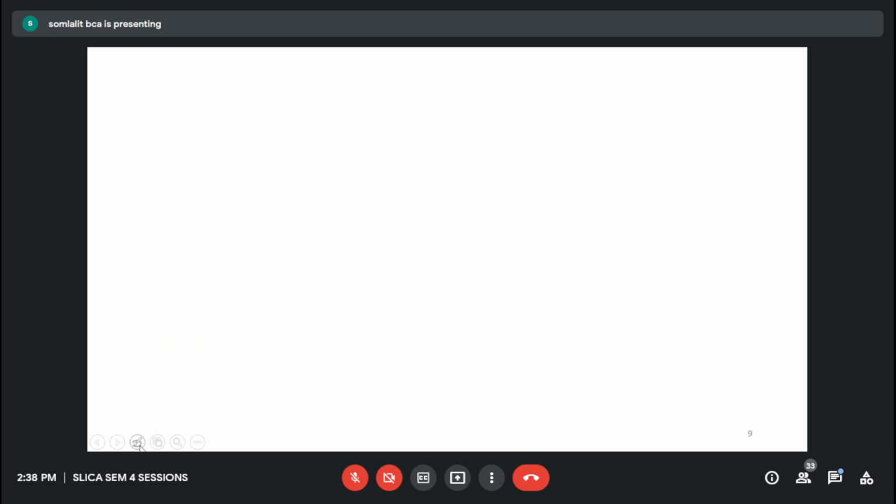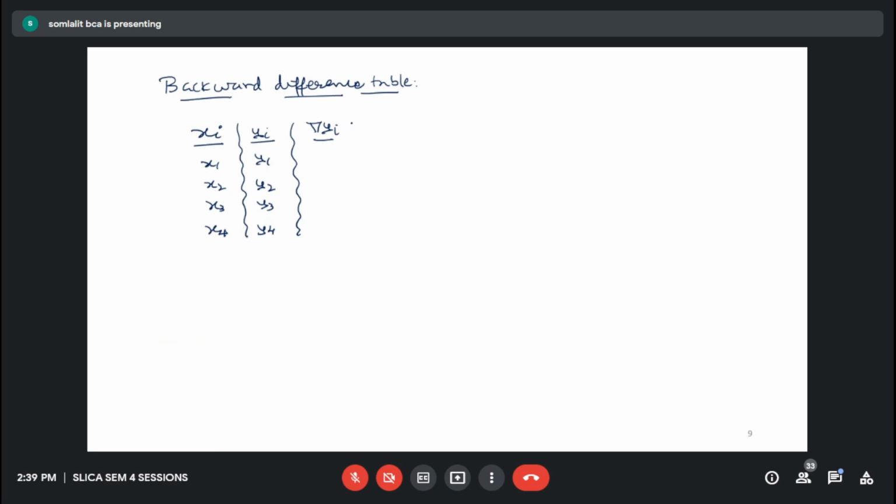The corresponding values will be y1, y2, y3, and y4, just for our convenience. Then we write the first one, nabla yi. It will be this minus this, but it will start from here, nabla y2. Then this minus this, nabla y3. This minus this, nabla y4.